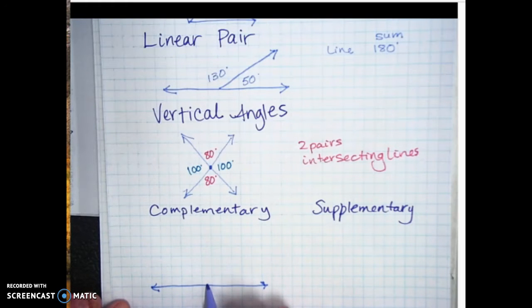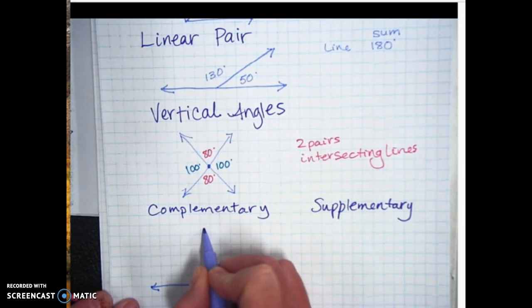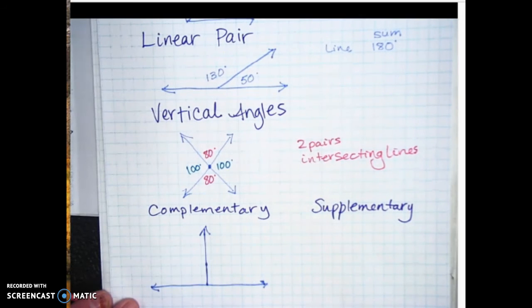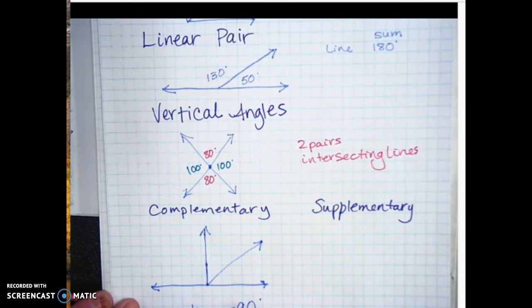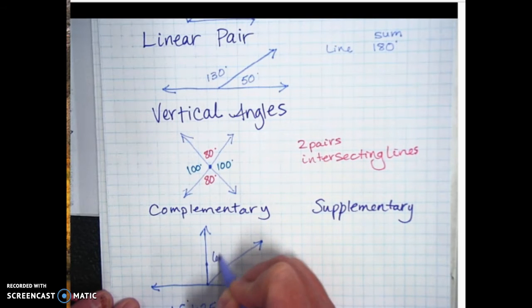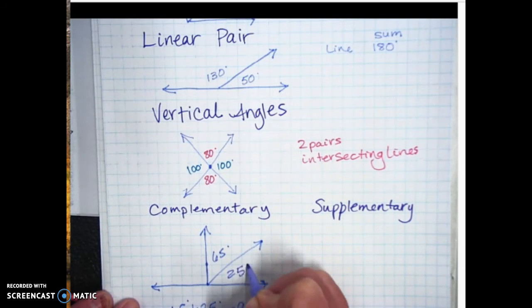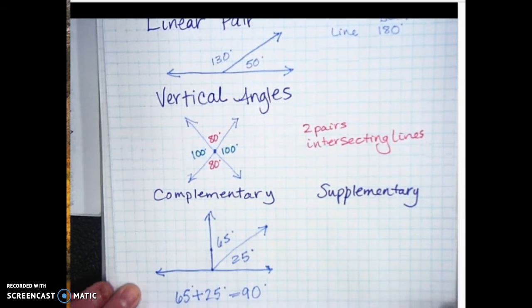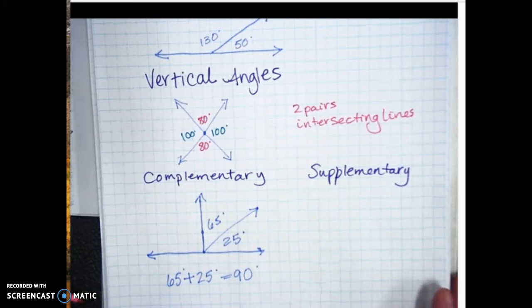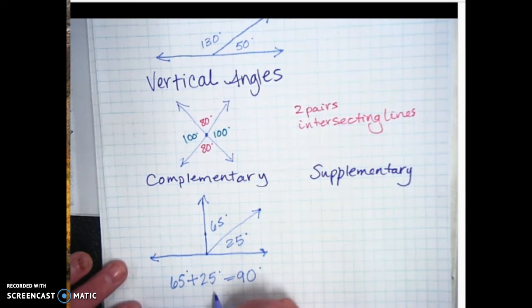All right, so it's two angles, and I started drawing supplementary, so let's fix this here. Complementary angles are two angles that add up to, so their sum will be 90 degrees. So let's say this one's 65 and this one's 25. Or it could be 30 and 60, or 20 and 70. Any combination where the sum is 90 degrees.